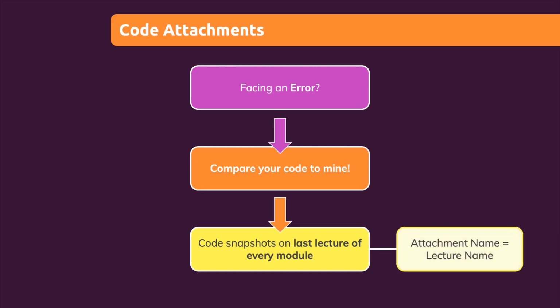And the attachment name will tell you to which lecture it belongs. And you can use these snapshots to compare my code to yours. You can also replace your code with mine temporarily, step by step, to narrow down the issue and find out where your code differs and what might be causing an error.